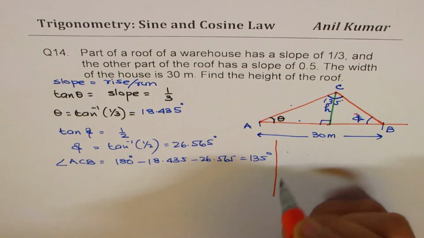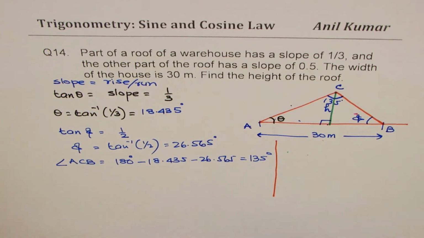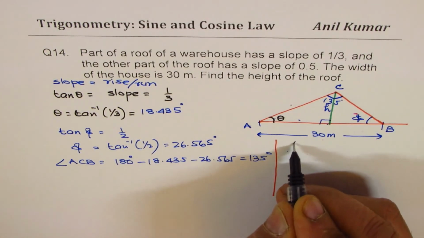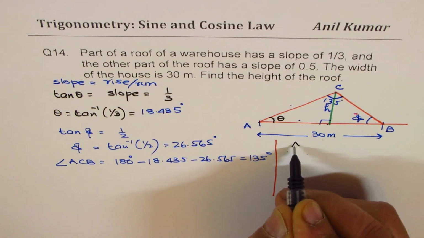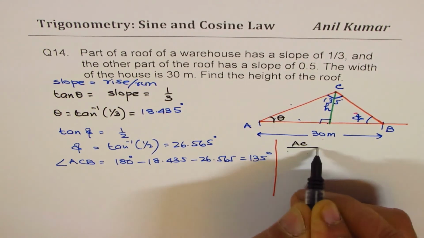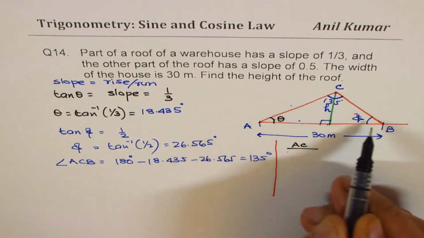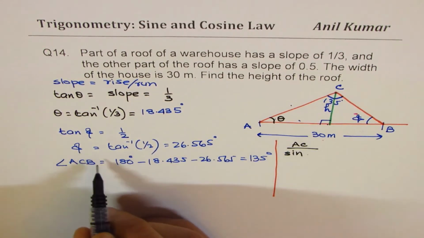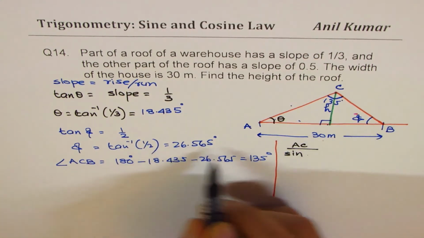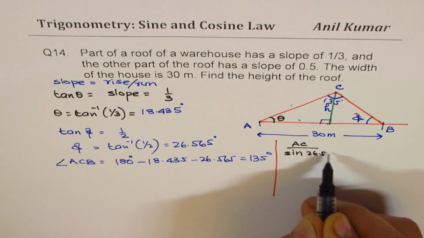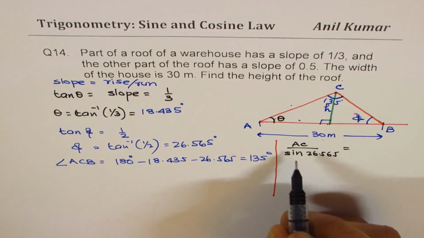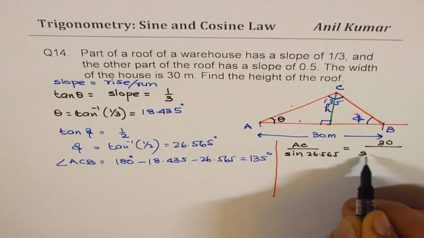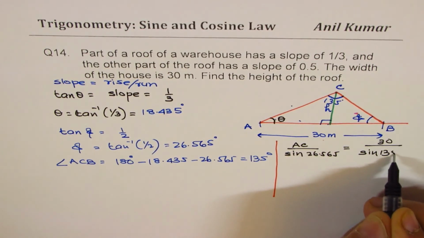So let me use this space. Let us say we want to find AC. So AC over the angle opposite, which is angle B, sine of angle B is phi, 26.565, should be equal to 30 over sine of 135, correct?